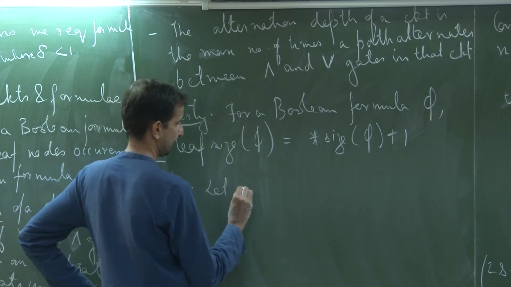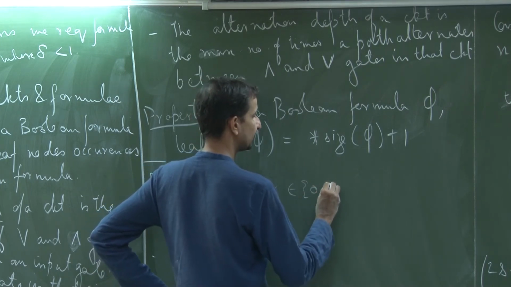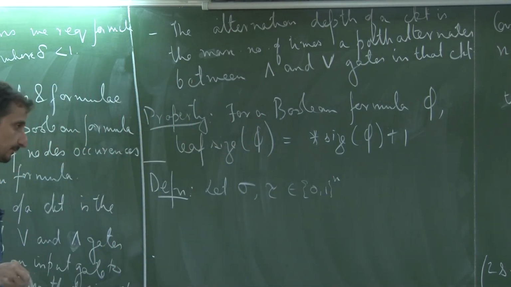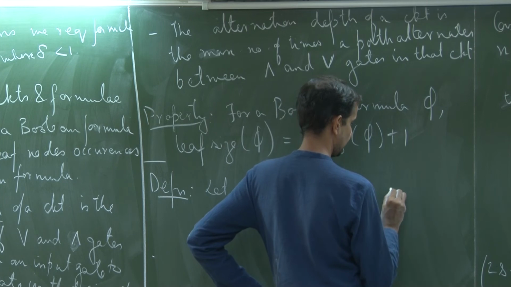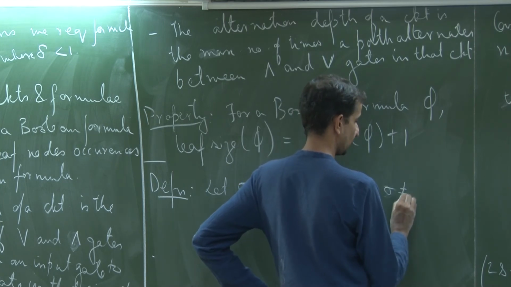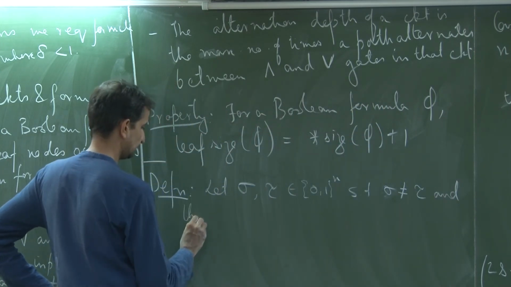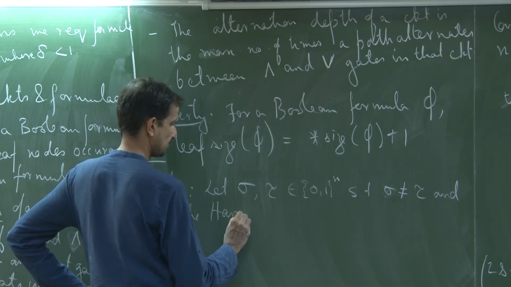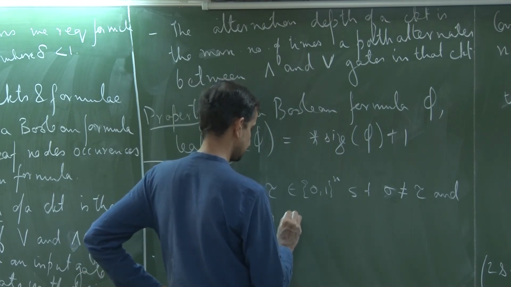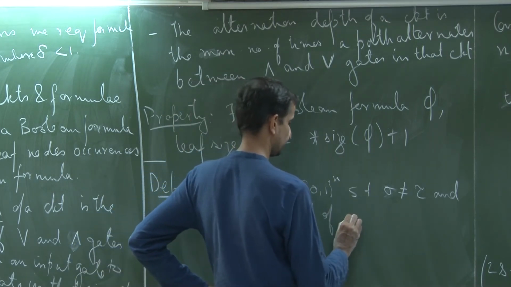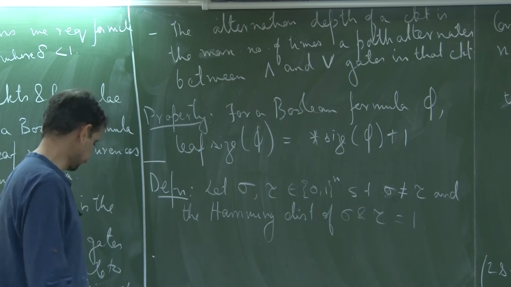So, let sigma and tau be two strings of length n, such that sigma is not equal to tau and the Hamming distance of sigma and tau is equal to 1.